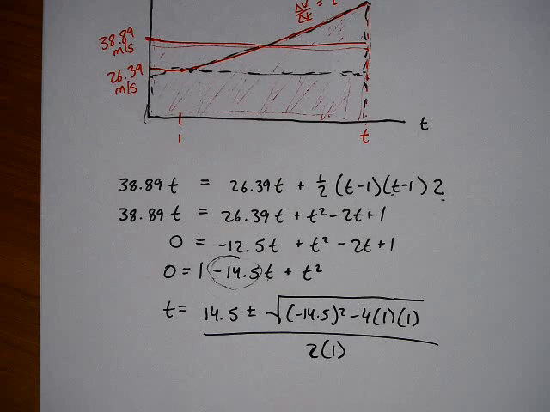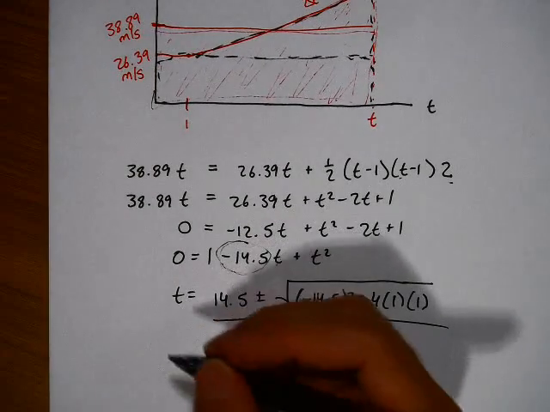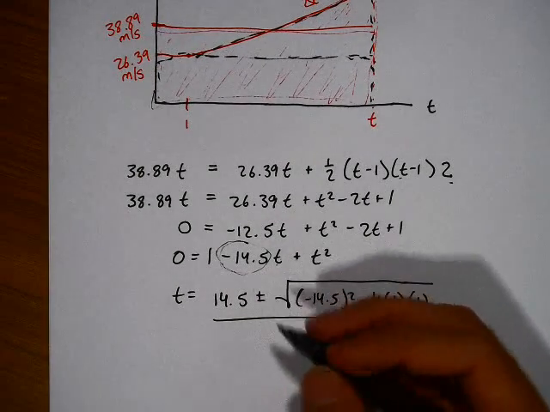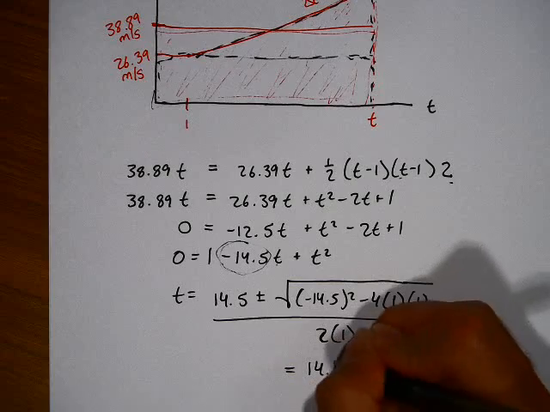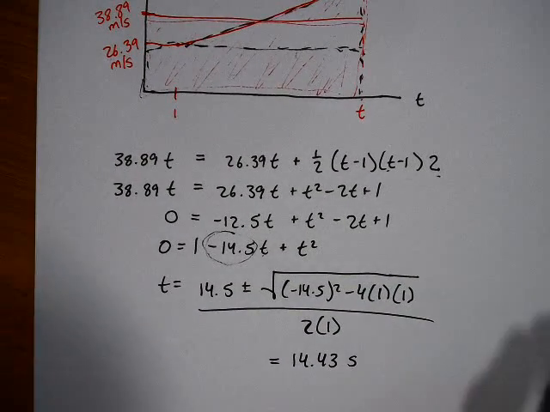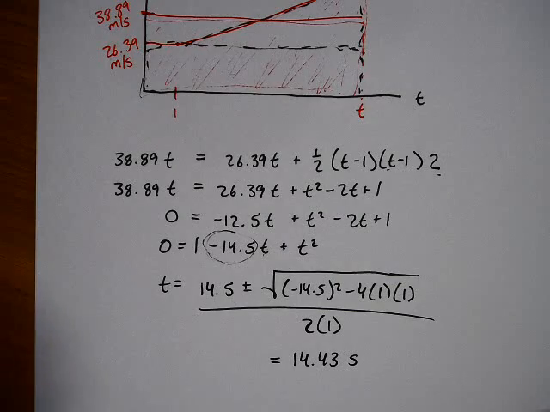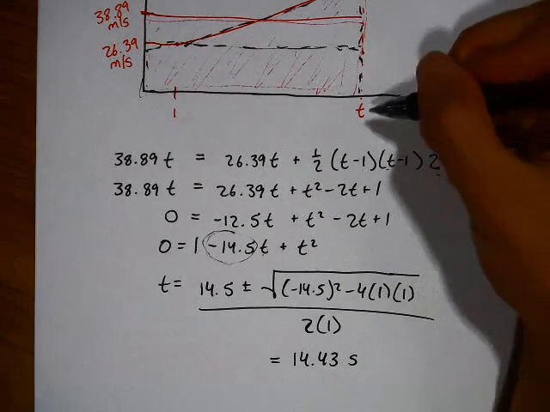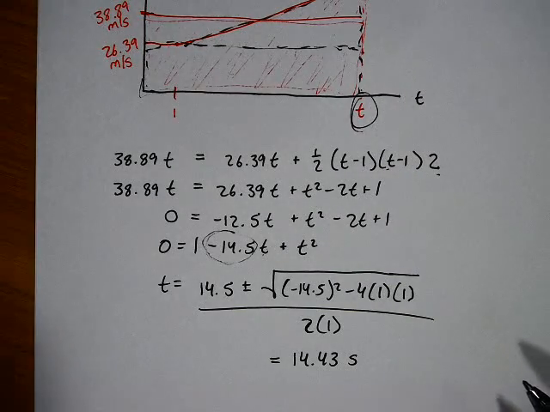And when you solve this, you get 14.43 seconds. There's no tacking on 1 to this number. This number is the final time. The way we set up the problem, this number is the final time.